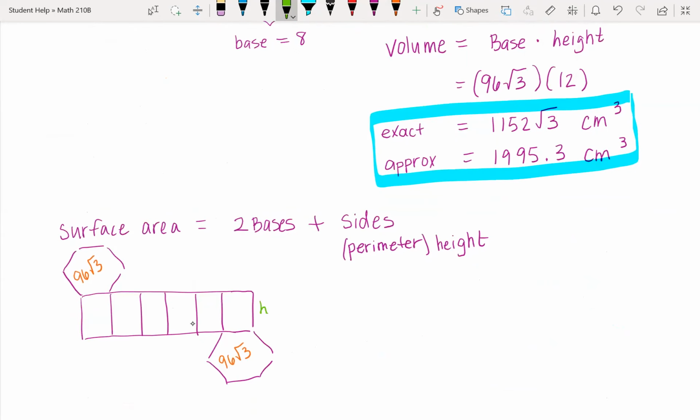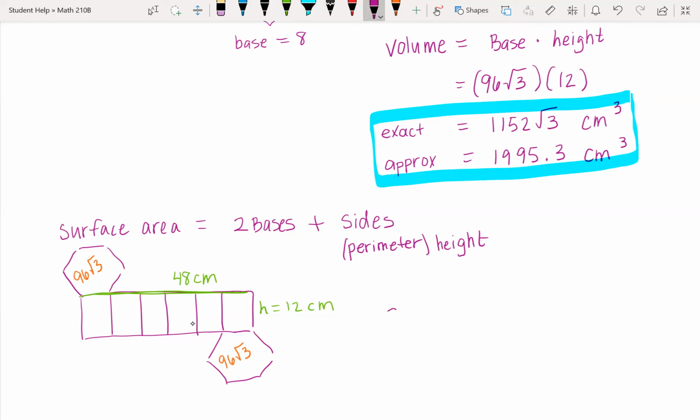The height is here, which we said was, I think, 12 centimeters. And this length here is going to be 8 for each side times 6, 48 centimeters, right? Because I've got 6 sides and they're each 8 centimeters long.